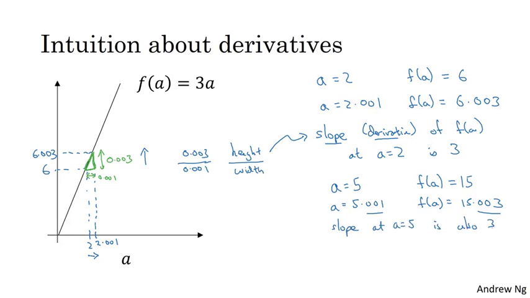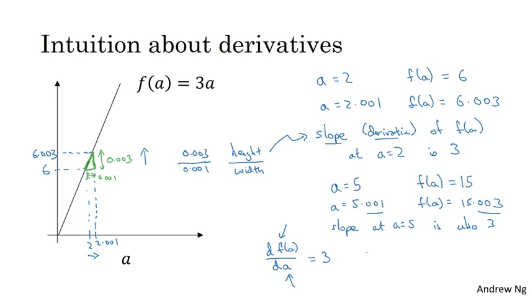So the way we write this, that the slope of the function f is equal to 3, we say d f of a dA, and this just means the slope of the function f of a, when you nudge the variable a a tiny little amount, is equal to 3. And an alternative way to write this derivative formula is as follows.